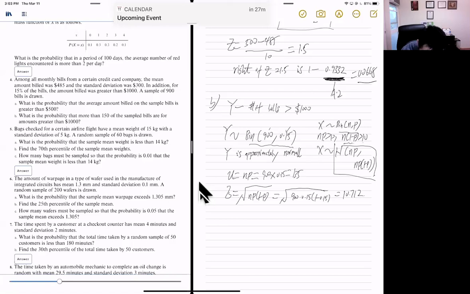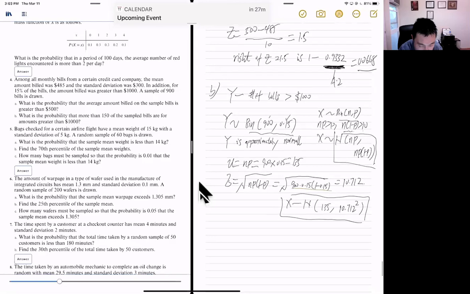So Y will follow normal distribution of 135 and 10.712. Okay, so that's the normal distribution we should use.